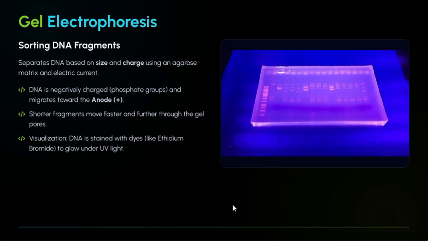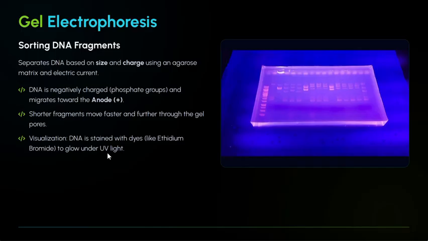And the shorter fragments move faster and further through the gel. So depending on the direction, the closer one will have the bigger fragments, and the one farther away has the shorter ones. So that's how we separate them based on size and charge.